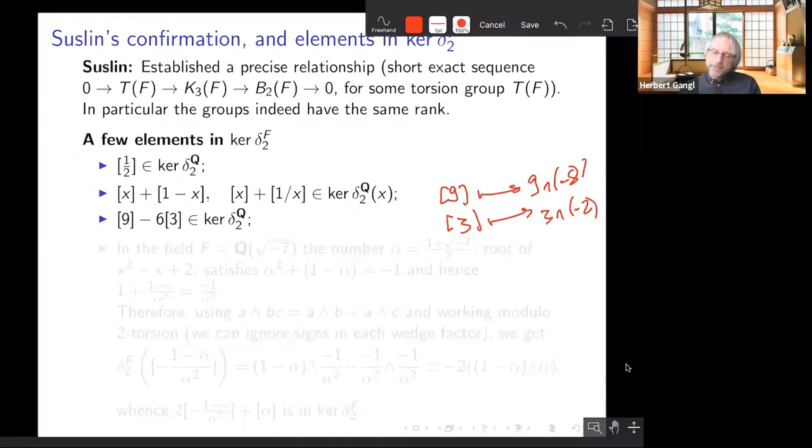And then you realize that minus 8 can be written as minus 2 to the power 3. 9 can be written as 3 squared. And if you have exponents, then you can pull them in front and then multiply together to the 6. So that gives you part of the idea of what's going on.